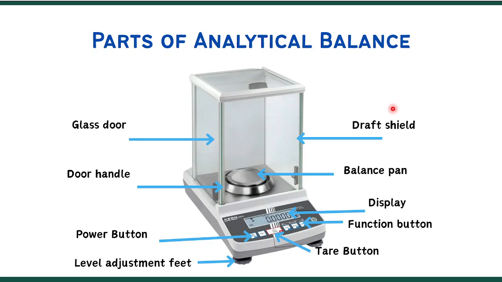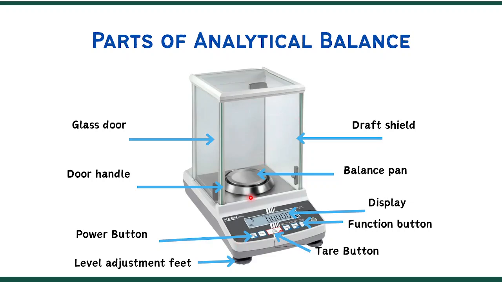Then we also have the draft shield, then the balance pan. This balance pan is where we place our container, the solid, and the liquid that we will weigh. We also have the display, where you can see the weight of the object that we weighed. Then the power button, which is where we turn the analytical balance on and off.